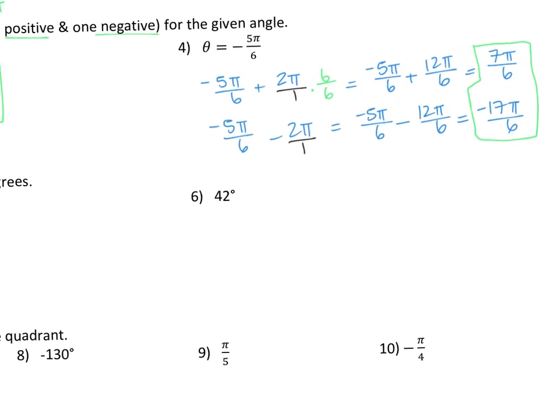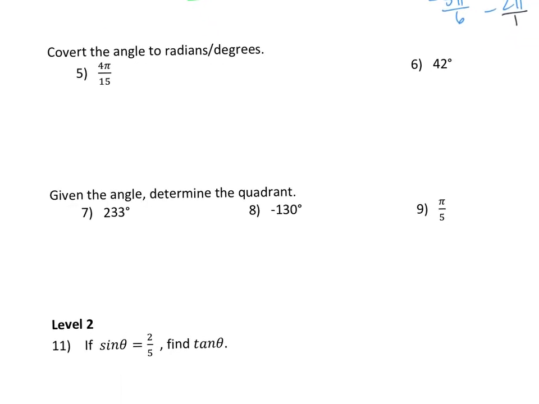And that's it. So getting into converting angles, you need to be able to convert radians to degrees and degrees into radians. So let's first remind ourselves, how do we convert? If you have something in radians, you need to multiply by 180 over pi.